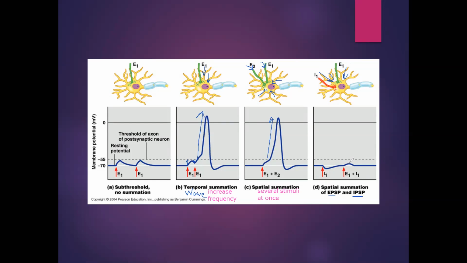So it took me away from hyperpolarization, didn't make me depolarize, but it got me more likely to depolarize if I got another EPSP after that. Okay, so just like in wave summation, how do I add up the effects to get what I want? But instead of muscle strength, now I'm just creating an action potential.